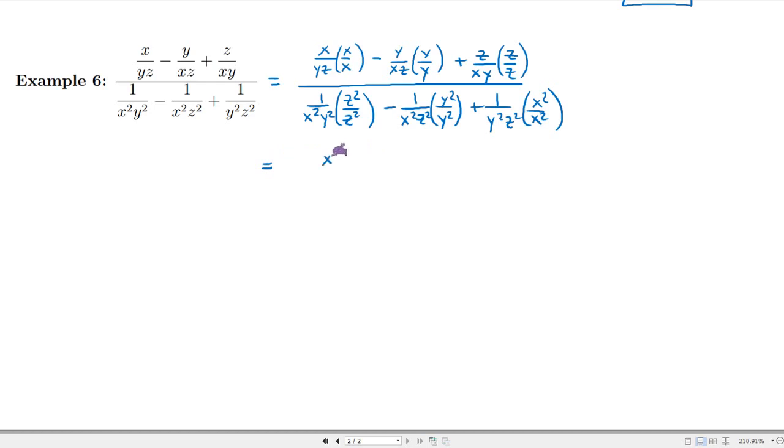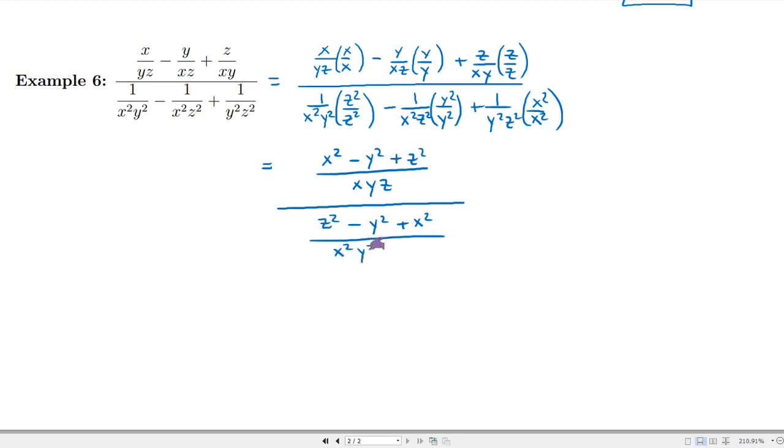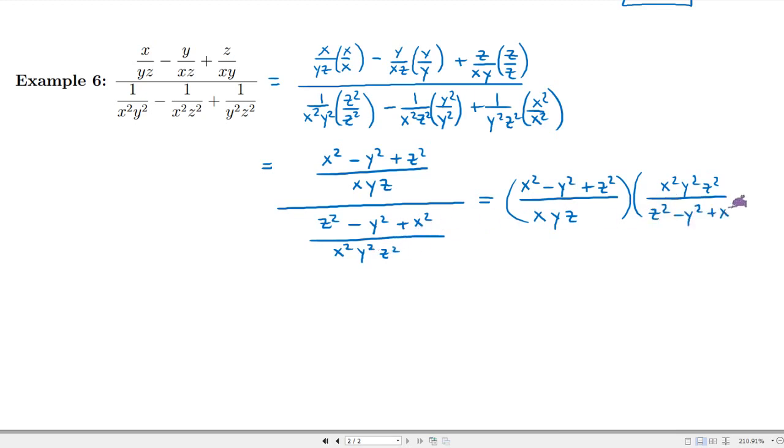Okay, so now this is x squared minus y squared plus z squared divided by the common denominator of xyz, divided by z squared minus y squared plus x squared divided by x squared y squared z squared. So we have the ratio of these two fractions, so it will be x squared minus y squared plus z squared divided by xyz, times x squared y squared z squared divided by, so I'm multiplying by the reciprocal, z squared minus y squared plus x squared.